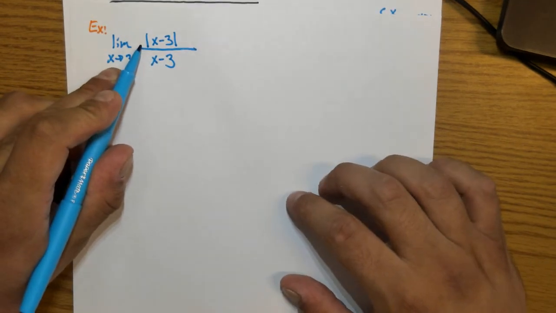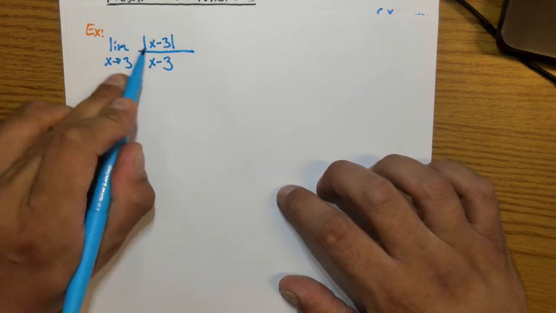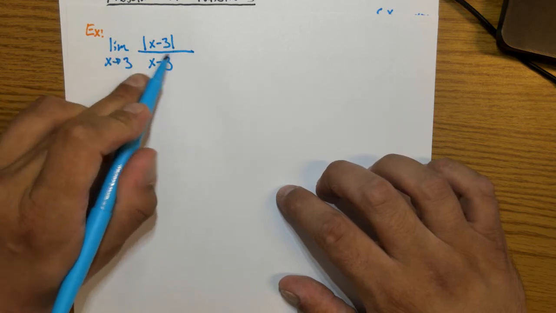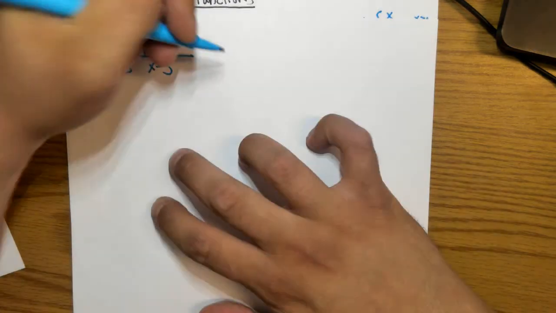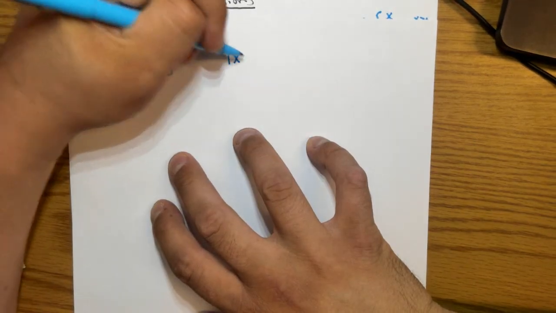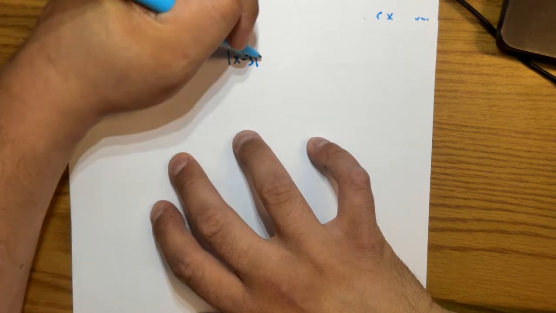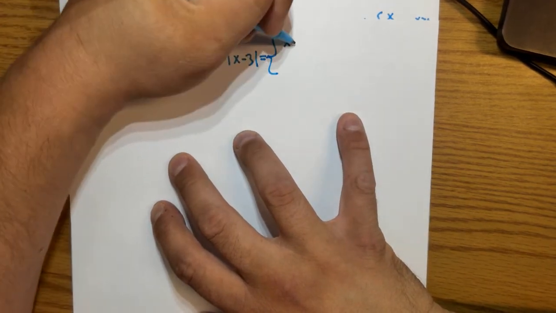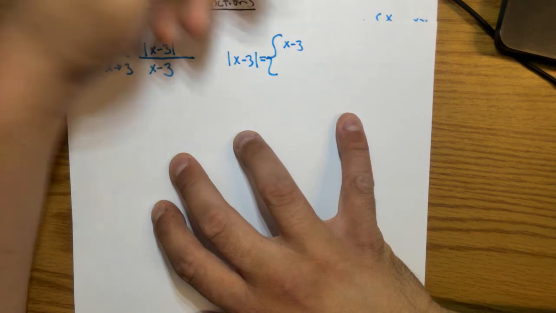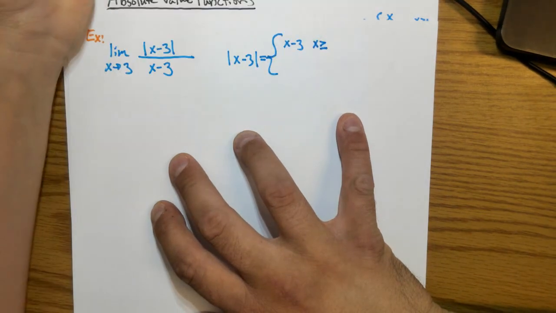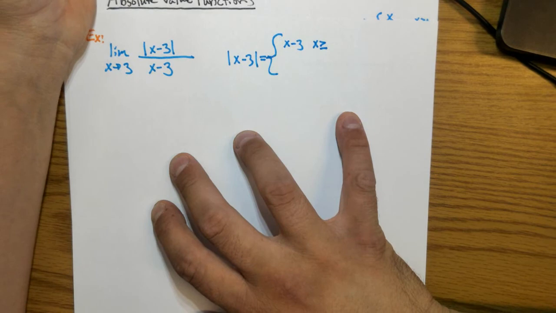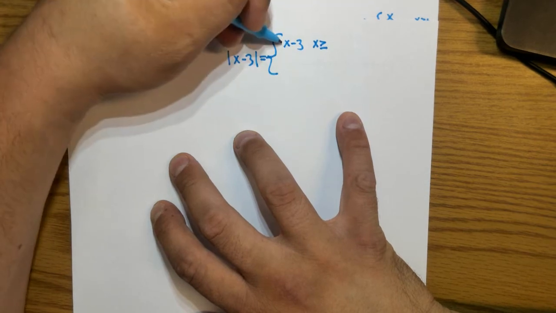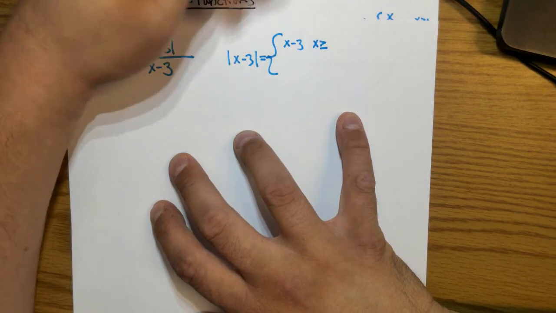My advice to you is first just focus on the absolute value function and define it as a piecewise function again. So the absolute value of x minus 3 is equal to, well, I know the positive version is going to be x minus 3, and that's when x is greater than or equal to what? What number can we plug in to make this 0? Positive 3, right?